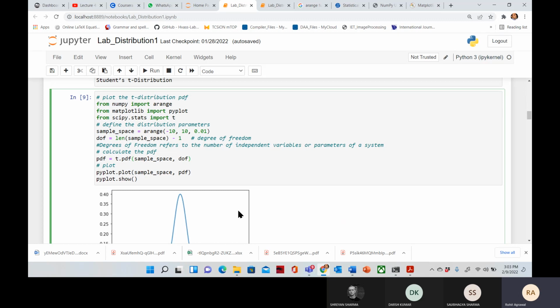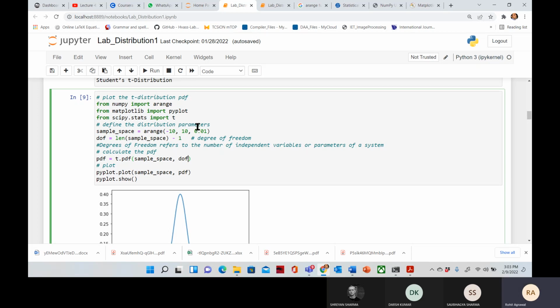We are just trying to see how many distributions there are, because whenever you read some research article, these terms will arrive, so you must be familiar with different kinds of distributions. I will show you two or three only.